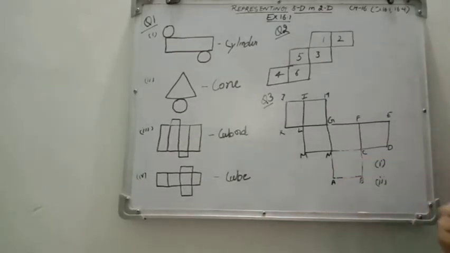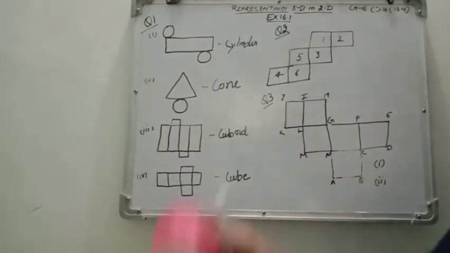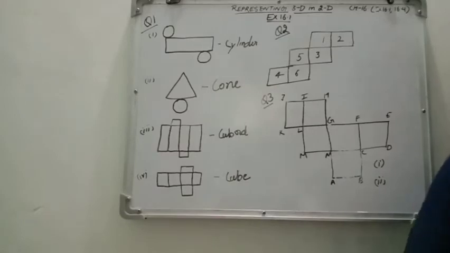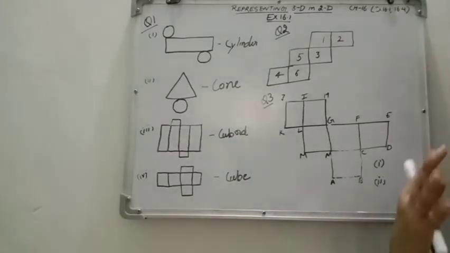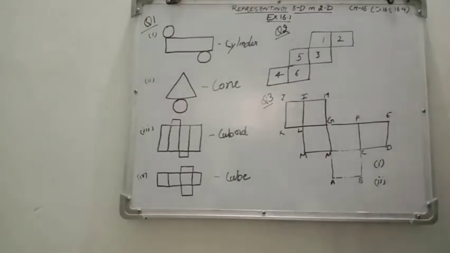Clear? Here I am using this type of paper, but in exam you do not use this type of paper. In exam you have to imagine. Okay. So see in question number 2, they said draw the net of a dice. We know that in a dice total 6 numbers are there, 1, 2, 3, 4, 5, 6. But you have to remember that in a dice the opposite sides' numbers always sum to 7.